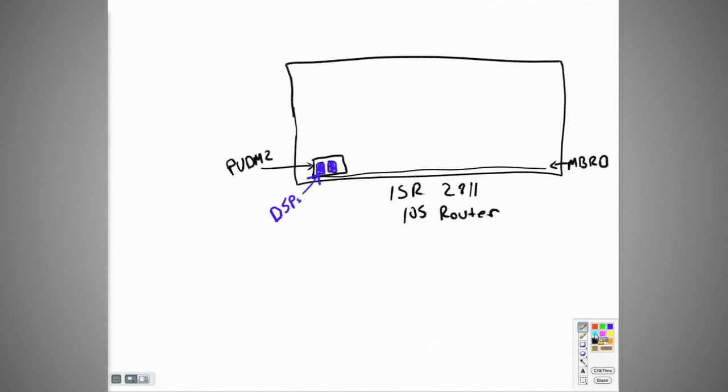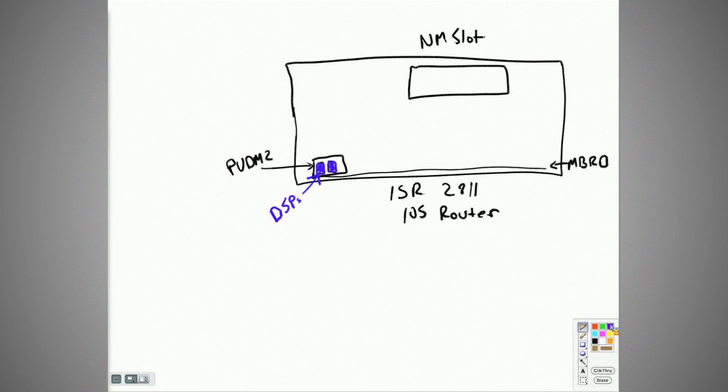Now, of course, we also still have the ability on the newer ISR routers to have network module slots. This is an entire network module slot, currently open.